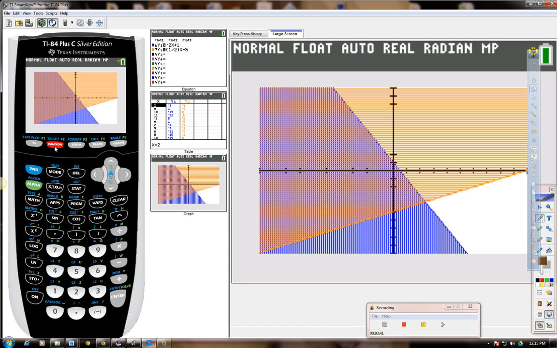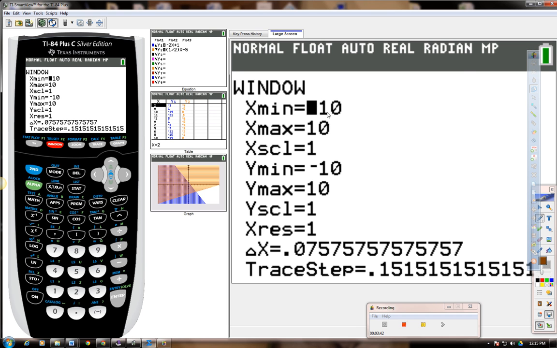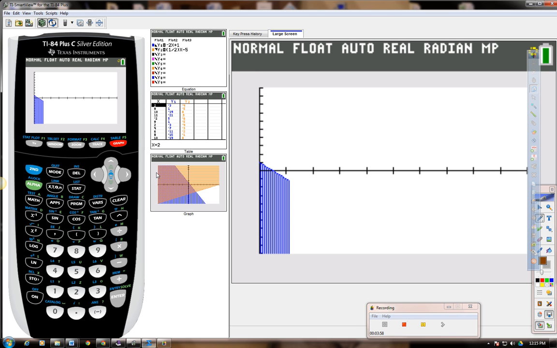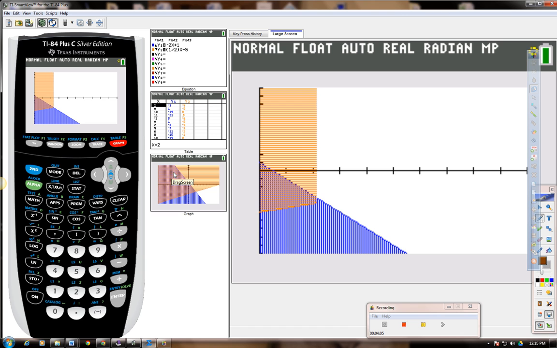So I would go to Window, find your window, make your x-min equal to 0, make your x-max 10, hit graph. So what did that do? That just eliminated that part of the graph. I'm not even looking at it anymore, right?